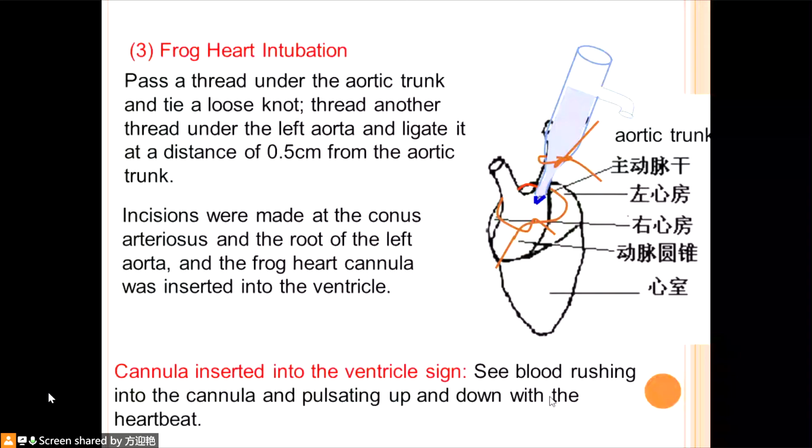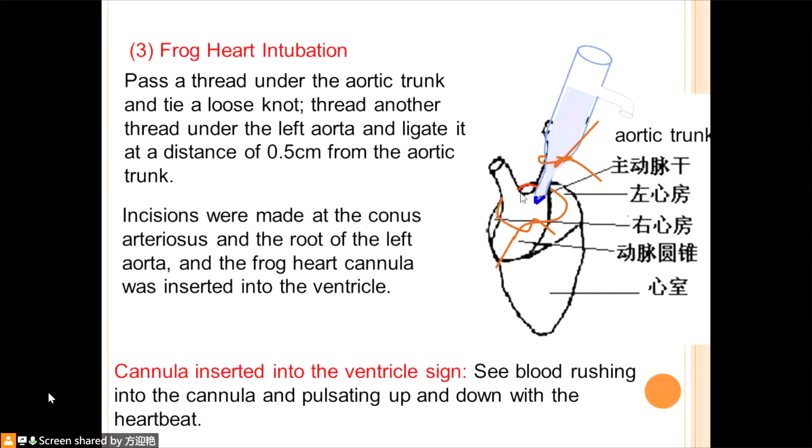See the blood rushing. We know that the heart can pump blood into the aortic trunk. So we can see the blood pumping into the cannula, which means it has been inserted into the ventricle.